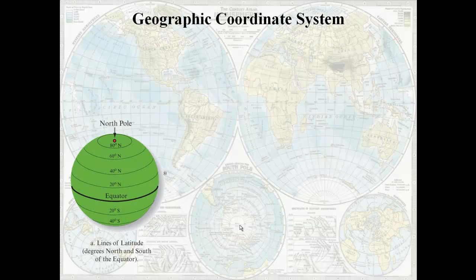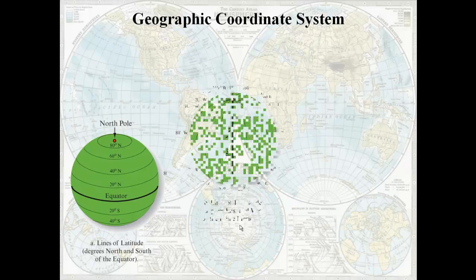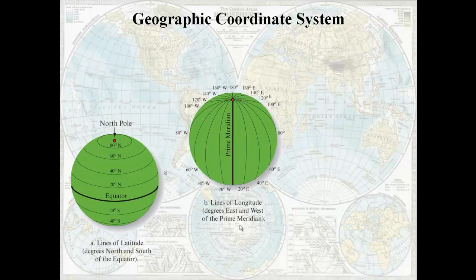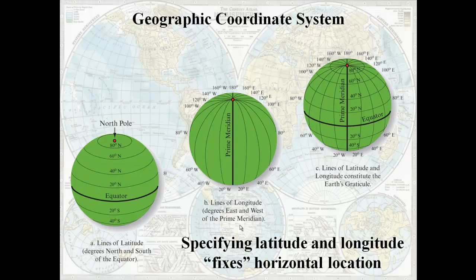So you can see here's another depiction that just shows the parallels, the lines of equal latitude. Here's one that shows the meridians, and you can see how the meridians have to curve in to meet at the poles. If you combine the latitude parallel lines and the longitude meridian lines, you're able to specify any position on top of that surface.